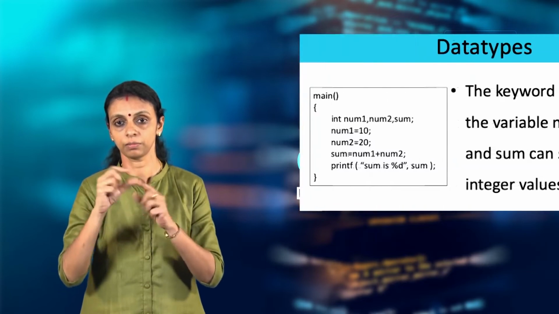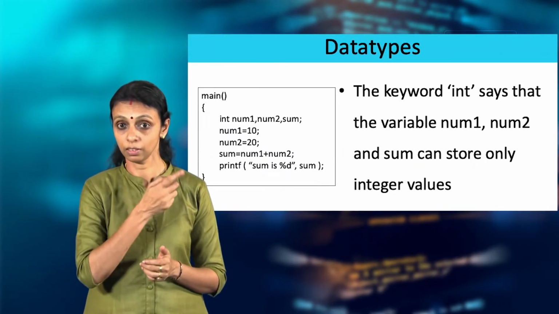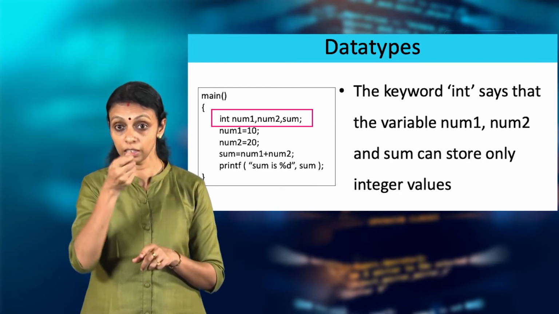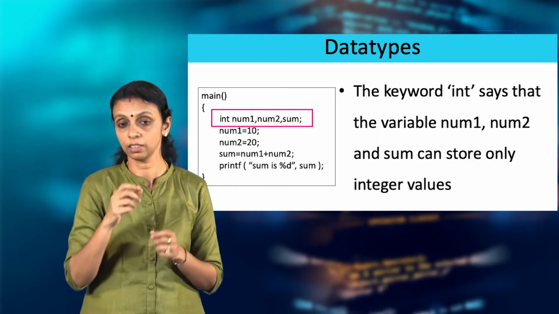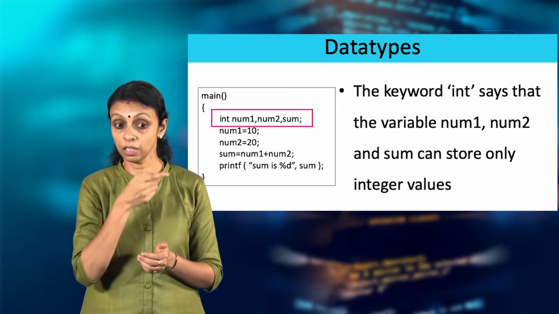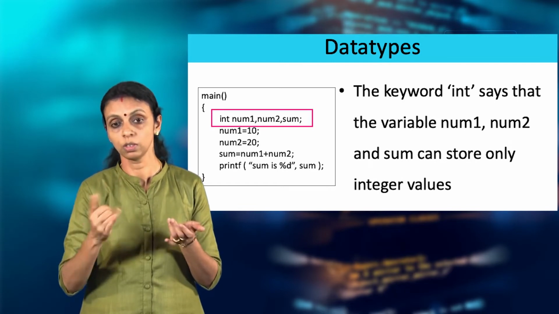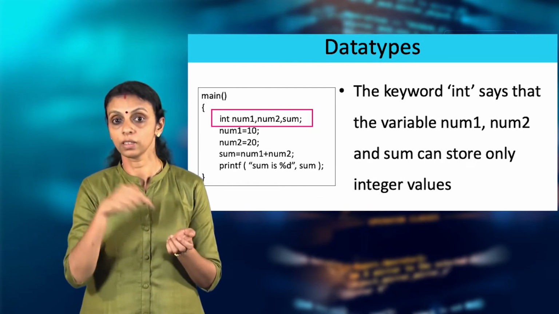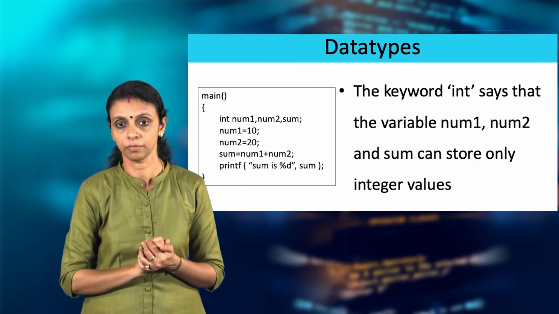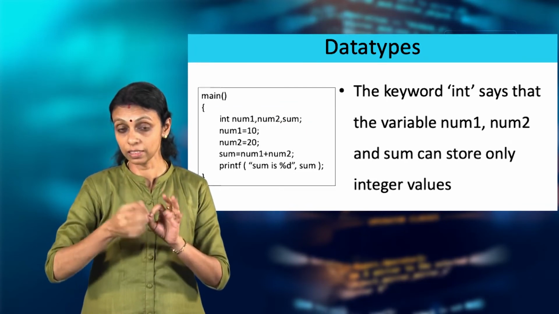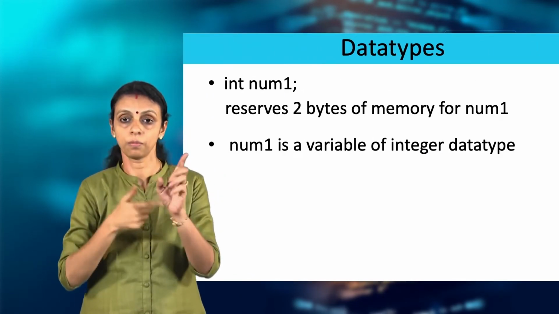Data types. In the example, we used the keyword int. This keyword says that the variables num1, num2 and sum can store only integer values. It reserves 2 or 4 bytes of memory for each variable.